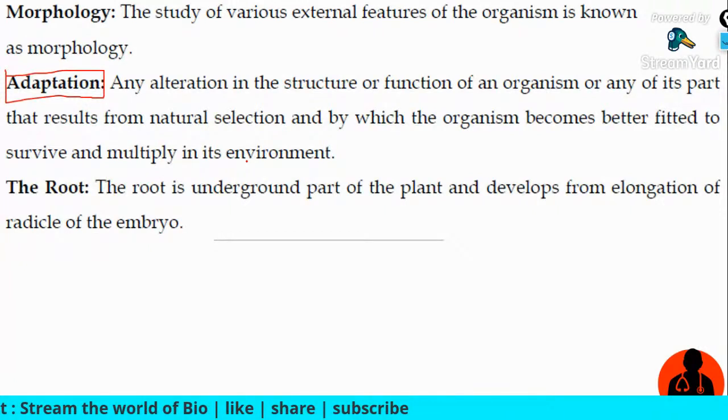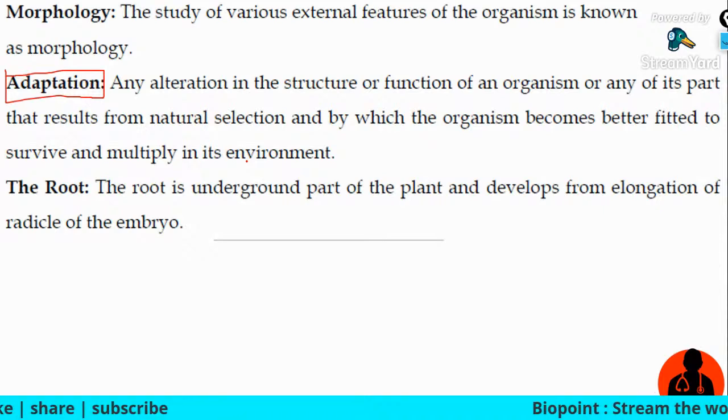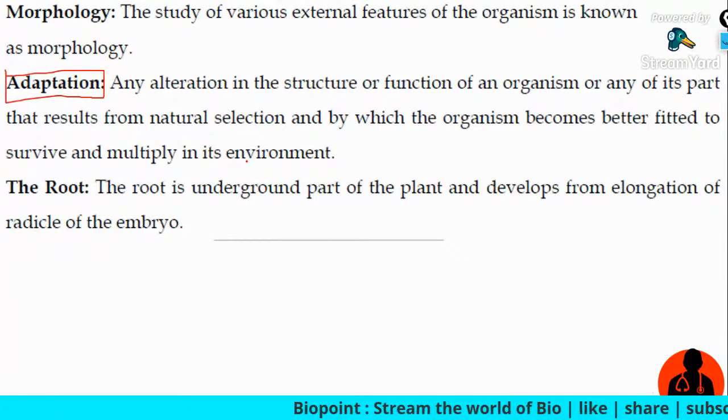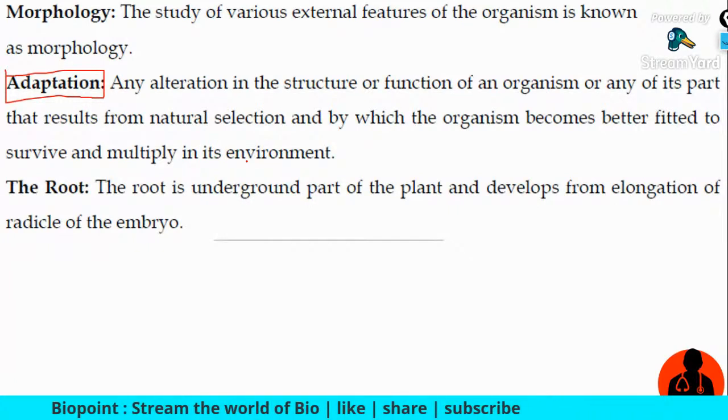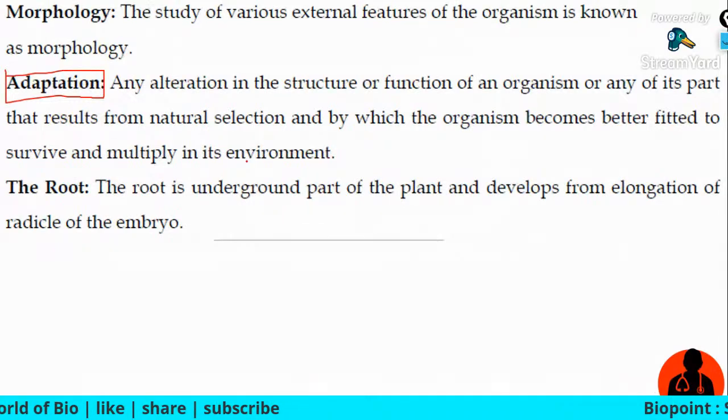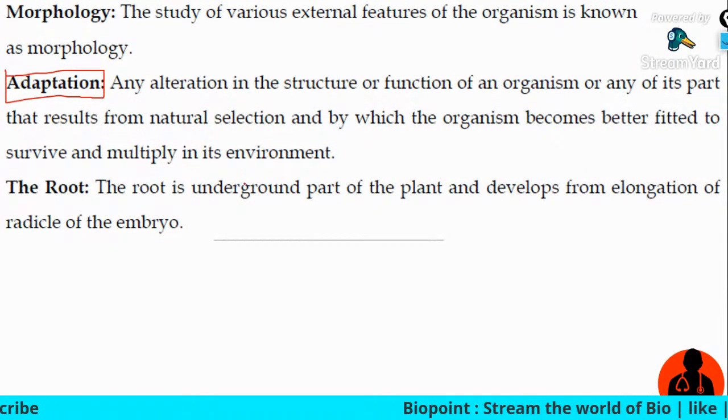It is the change or pattern by which we get adapted to live and survive in a particular environment, in which organisms get fitted on how to survive, multiply or reproduce, and carry out whatever physical activities in that environment.